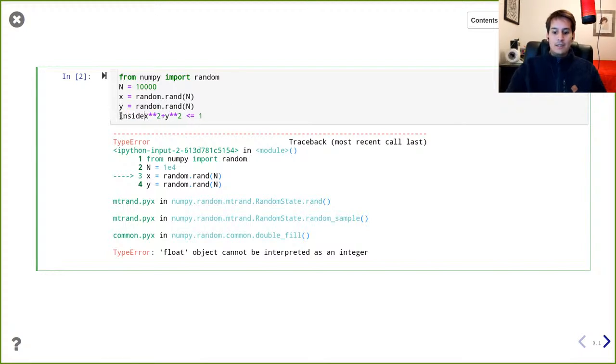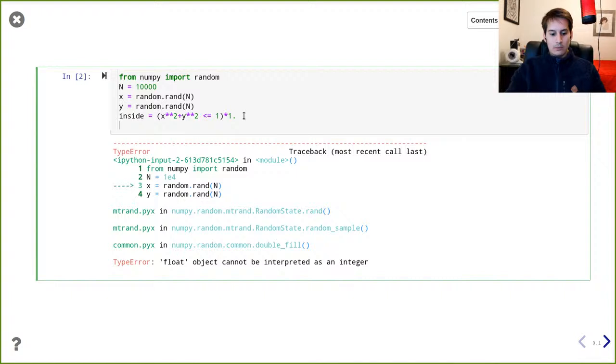And that will give me something that is true when the point is inside the circle. And to put it as a float, you can multiply by just 1.0. That will cast this Boolean to a float.